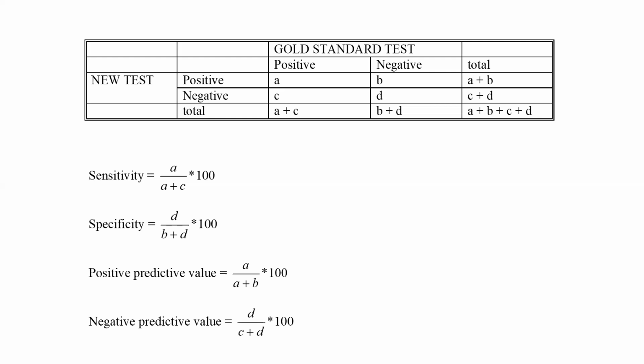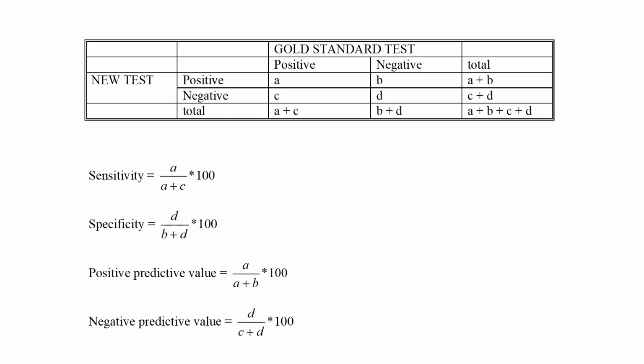So in a test, what should happen? Sensitivity and specificity, what should happen? Both should be high. Actually speaking, if both are 100%, it will be an ideal test because it can identify positives as positive and negatives as negative.